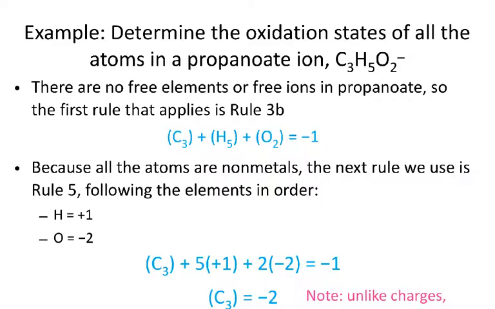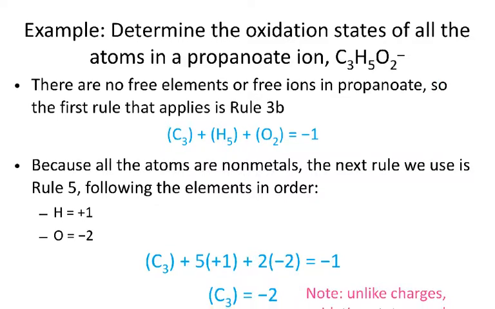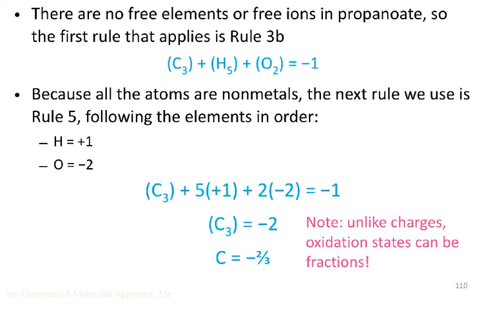So our next rule that applies is rule 5. And in that table, the first one that applies is hydrogen is +1. So we have 5 +1s. Then our oxygen is -2. So we have 2 -2s because each individual atom gets its own oxidation state.